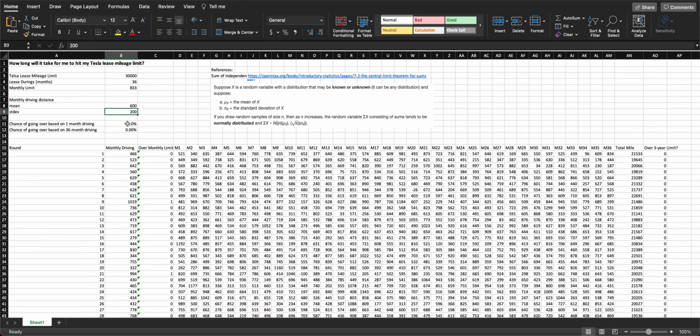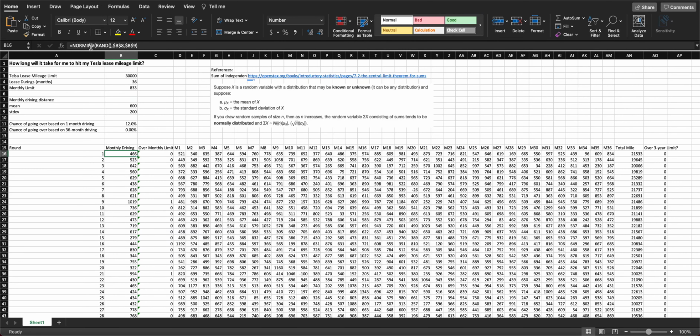Now, we're going to do two comparisons. One is: if this is my monthly behavior, what's the chance I'm going over my monthly allotment of 833 miles? And then we're going to simulate over all the 36 months, add them up, and look at the probability of going over 30,000 miles. You will see there's a big difference here.